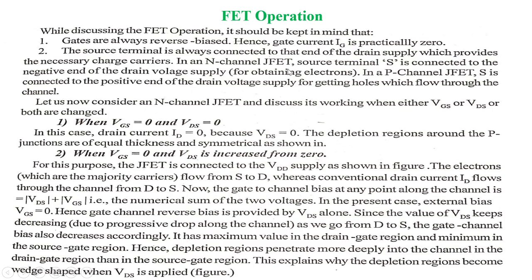In an N channel JFET, source terminal S is connected to the negative end of the drain voltage supply for obtaining electrons, while in a P channel JFET, S is connected to the positive end of the drain voltage supply for getting the holes which flow through the channel.